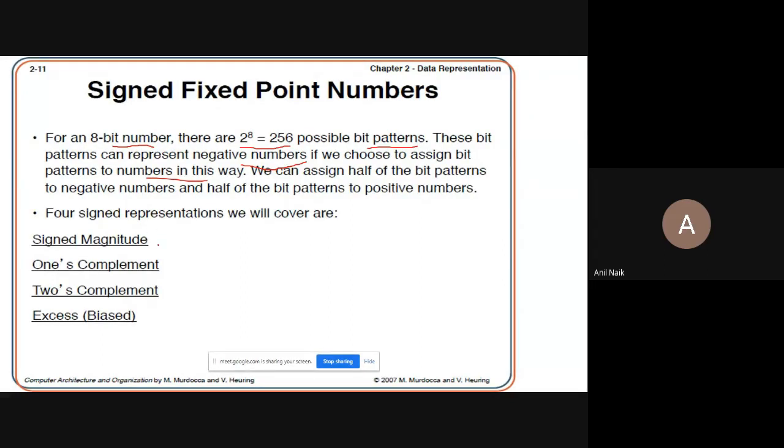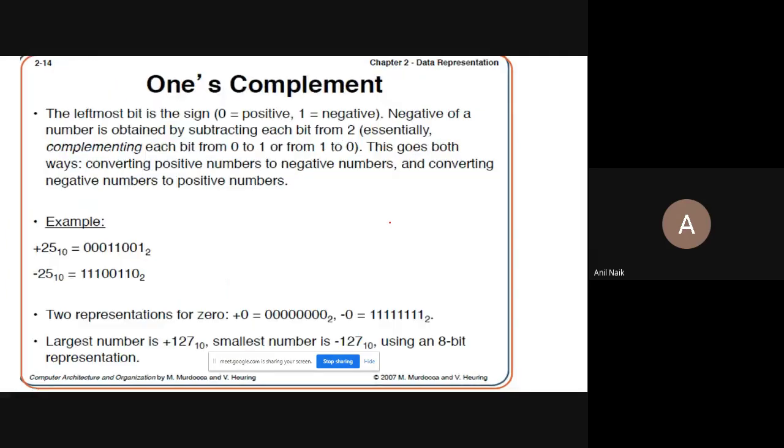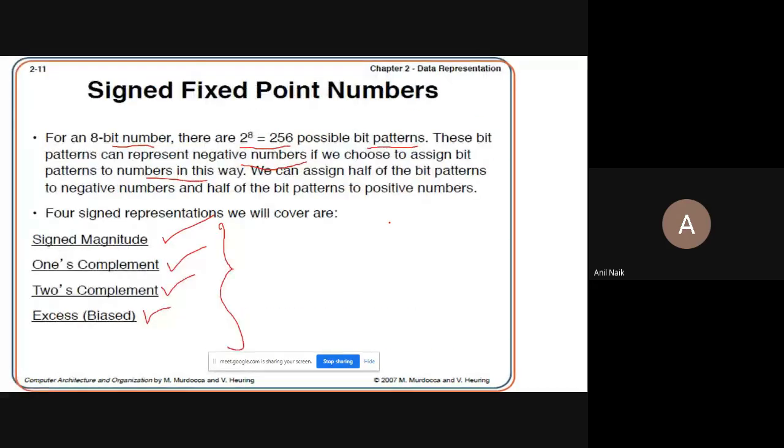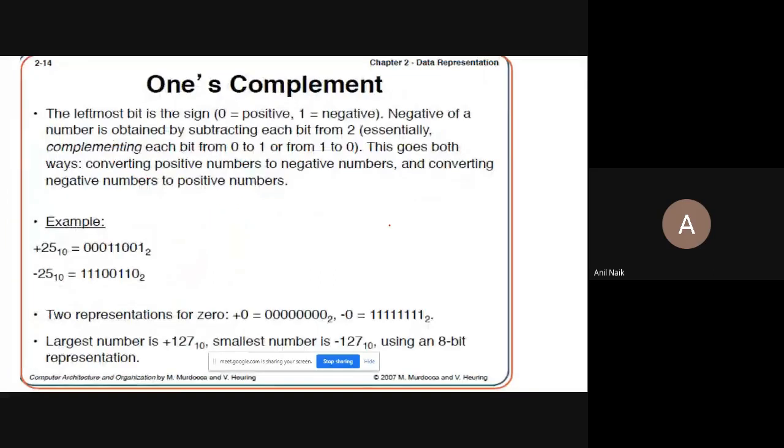So in fixed point numbers, we represent signs in sign magnitude, one's complement, two's complement, and excess, or biased, representation. These are the different ways we represent fixed point numbers. So this is about the fixed point numbers.